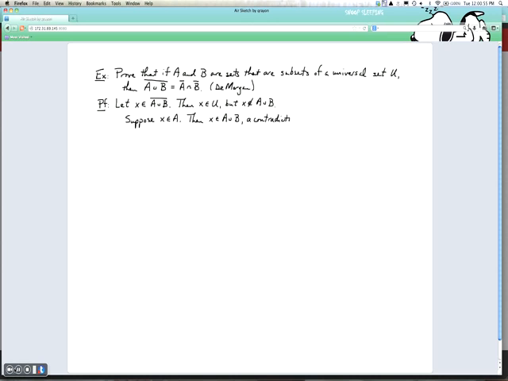Right, we just said that X wasn't in A union B. So what that tells us then is that X is not in A, or we can say that X is in the complement of A. Right? It's in the universal set, but it's not in A. Okay?